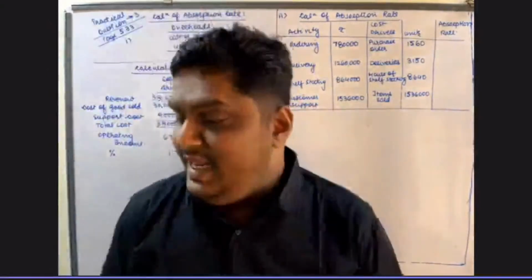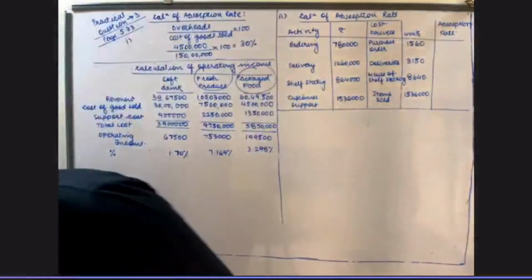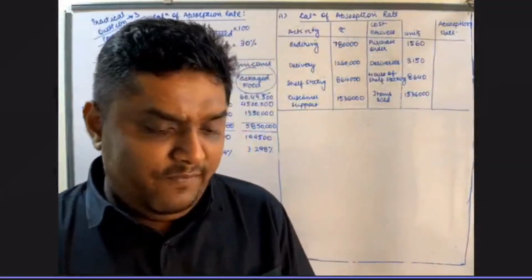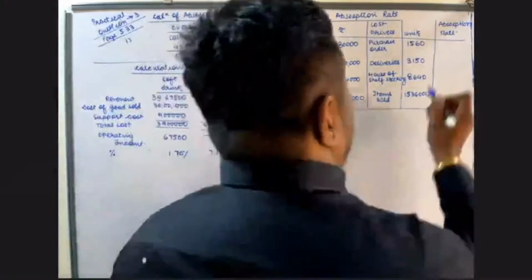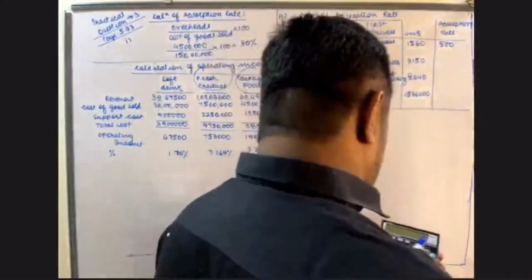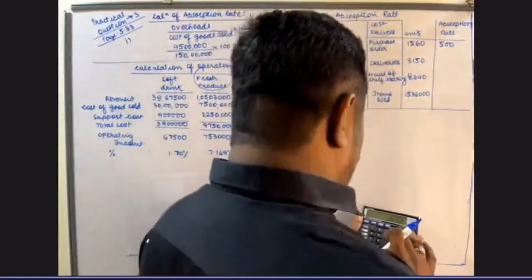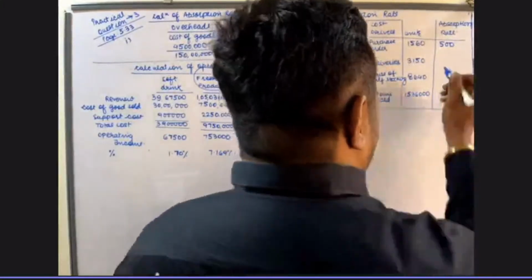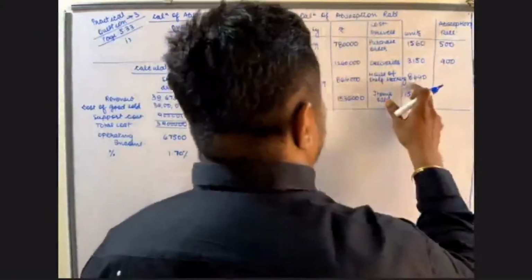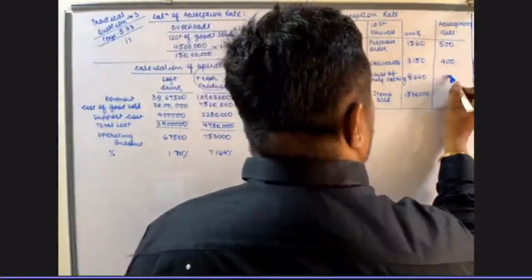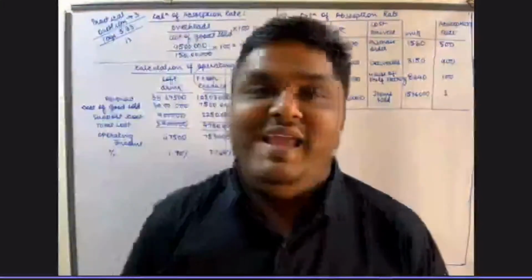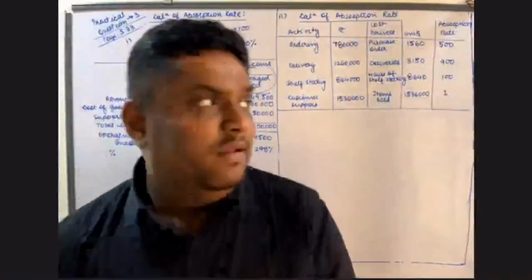So we can now easily calculate the absorption rate. 7,80,000 divided by 1,560 will be 500. 12,60,000 divided by 3,150 will be 400. This will be 100 and this will be 1. So now we are done with the calculation of absorption rate.